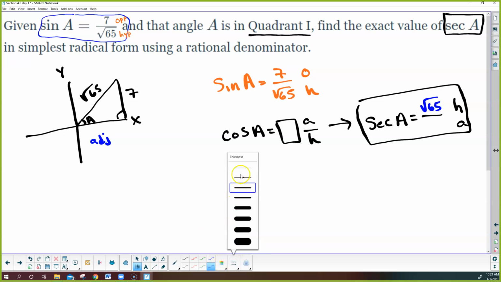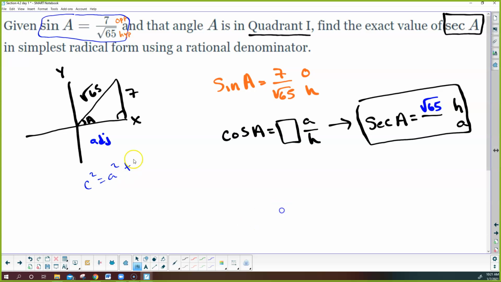So in this problem, we don't have to write out all 6 relationships. I use sine, and then I use the fact that secant is the reciprocal of cosine, so I need adjacent and hypotenuse to fill that ratio in. Well, we're going to do the Pythagorean theorem. I'll call A the adjacent side, and then B is 7.